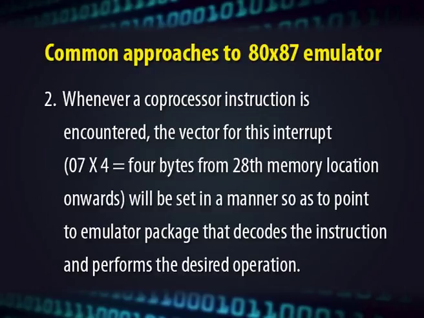Whenever a coprocessor instruction is encountered, the vector for this interrupt, which is 07 into 4 equal to 28, that means the 28th memory location onwards, will be set in a manner so as to point to the emulator package that decodes the instruction and performs the desired operation which was supposed to be done in the coprocessor hardware.